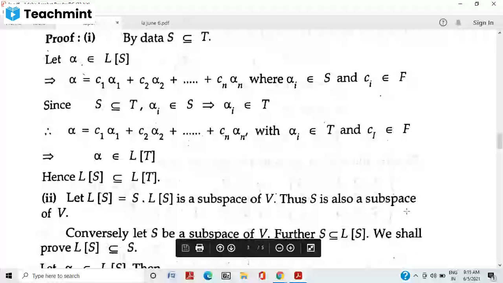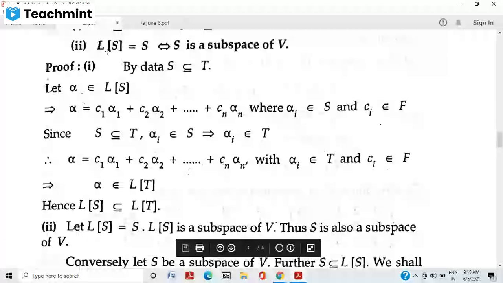Next, what we have to prove? First, what have we proved? L of S equal to S, we assumed. Since L of S is a subspace of V, S also is a subspace of V. Then the necessary condition we got.